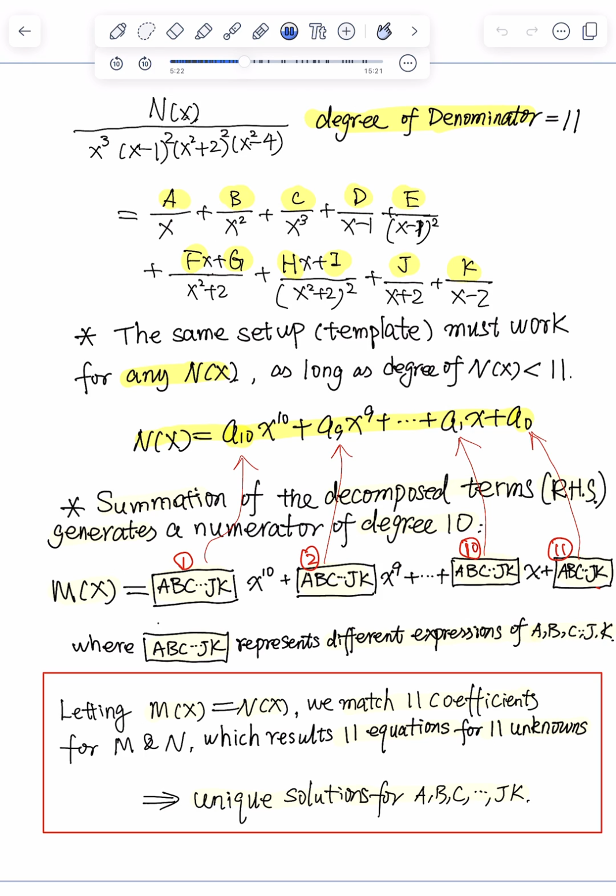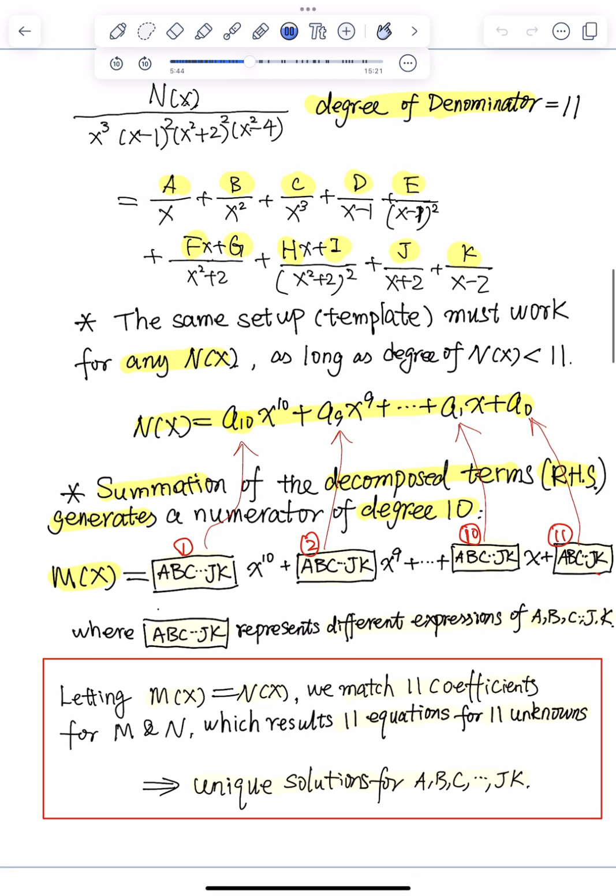Second, we notice that the summation of the decomposed terms, that's all the terms on the right hand side, actually generates a numerator of degree 10 as well. So we can write this polynomial as m of x equals a 10th power polynomial with all the coefficients here, the first, second, 10th, and 11th. And each of the coefficients here, we use this box to represent that there are different expressions of the coefficients a, b, c, d, e, f, g, h, i, j, k.